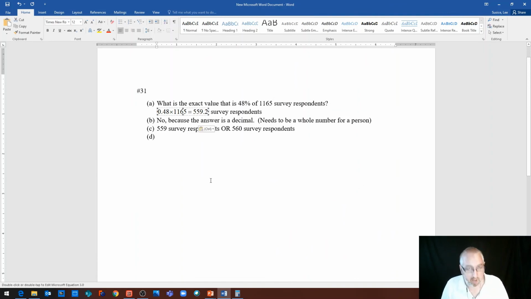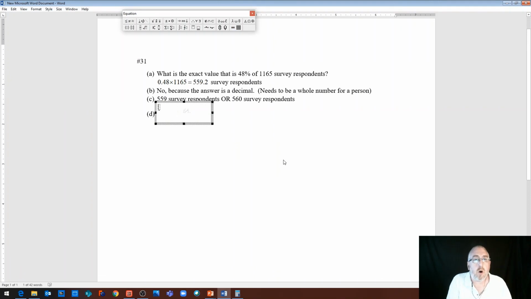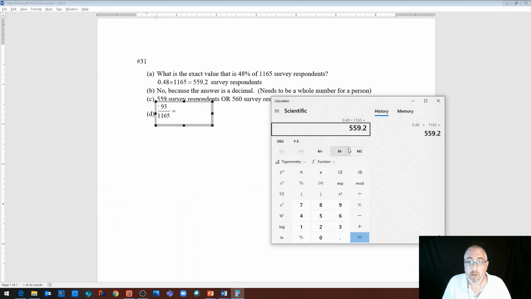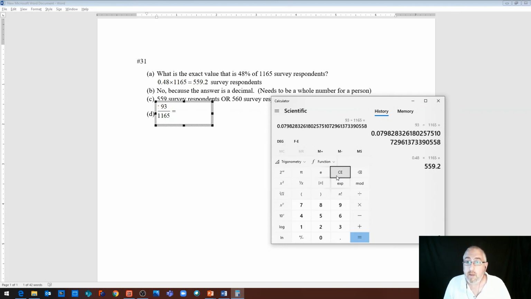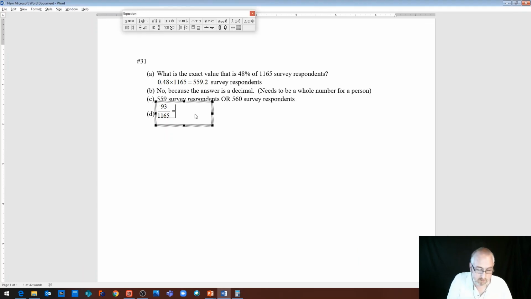So let me move my math window down here. So we want 93 over 1165. So if we divide that on our calculator, 93 divided by 1165, we got 0.0798, and a few decimals after that.